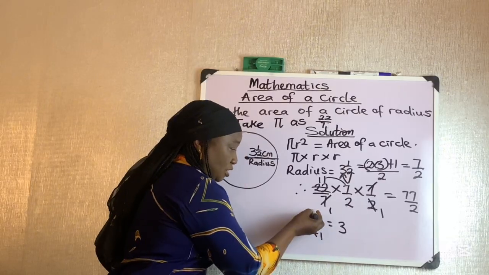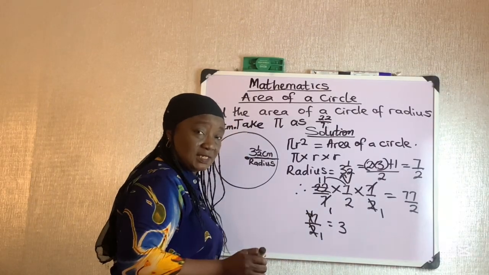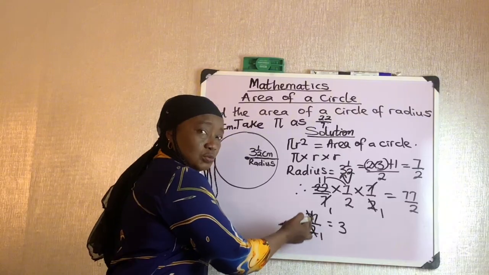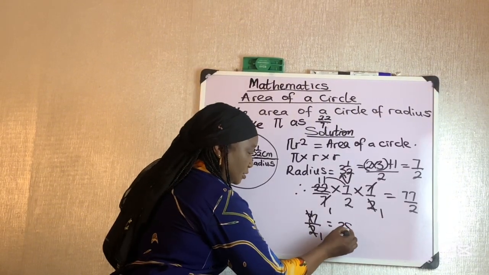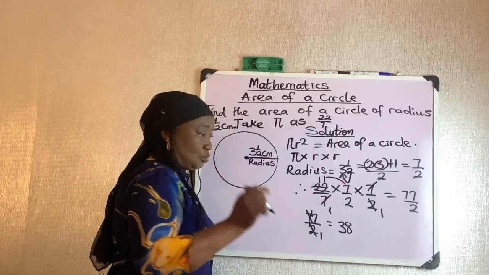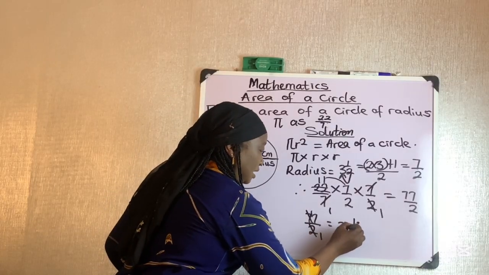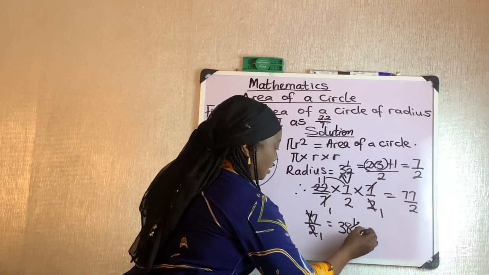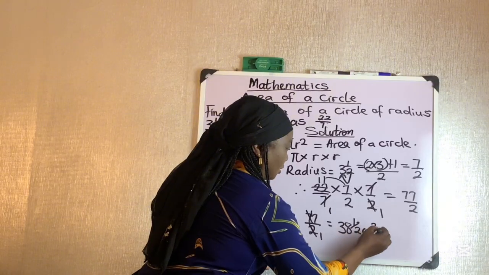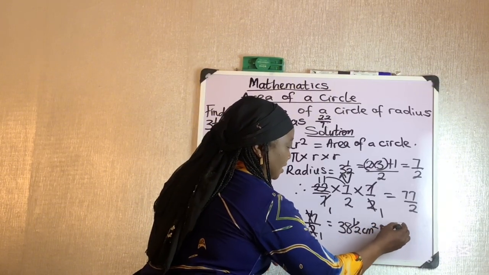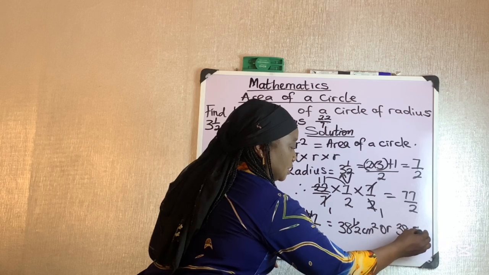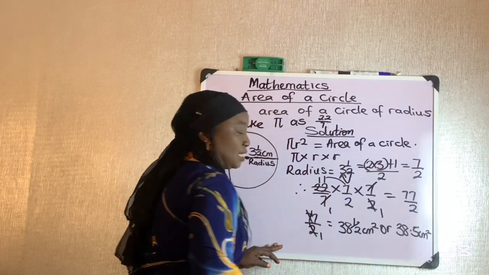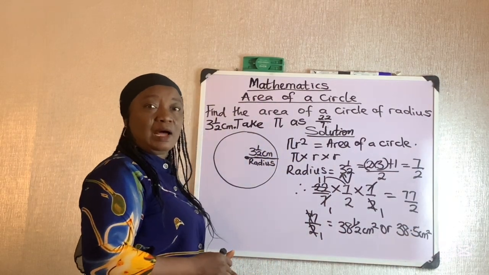So I'll bring the 1 here, becomes 17. How many 2 will I get in 17 will be 8. I will write 8 to remain 1. That one will be written on the 2 that is dividing it. Cm squared, or 38.5 cm squared. That is if it will be in decimal points.